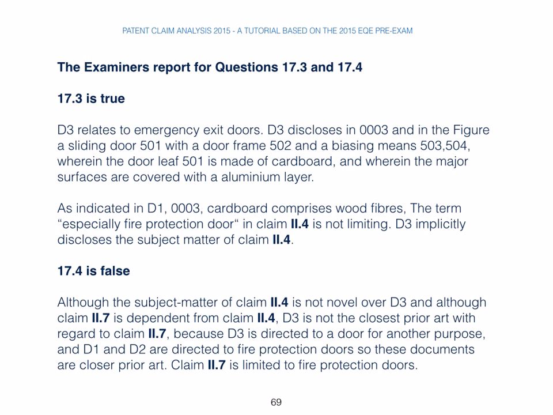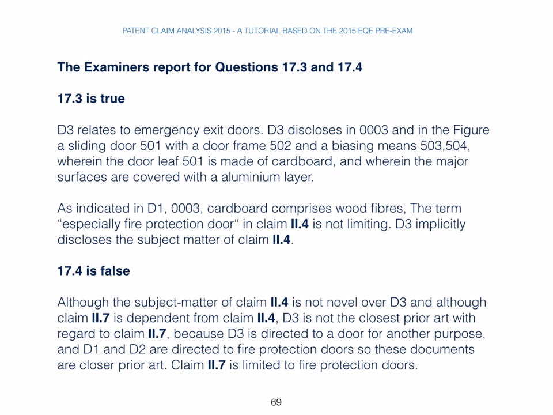As indicated in D1 paragraph 3, cardboard comprises wood fibers. The term "especially fire protection door" in claim 2.4 is not limiting. D3 implicitly discloses the subject matter of claim 2.4.